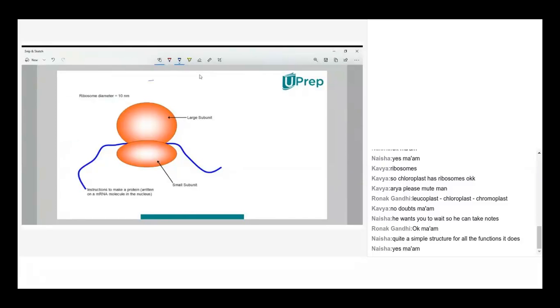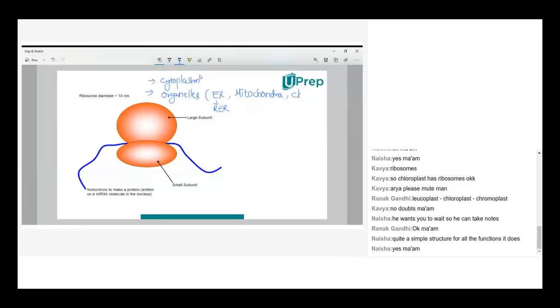When you take the position of ribosomes, they may be either in the cytoplasm or with organelles. Organelles like the endoplasmic reticulum, which we call rough endoplasmic reticulum if ribosomes are present. Then we have discussed ribosomes in mitochondria. The major function of mitochondria is cellular respiration, but other than that, protein synthesis is also a function of mitochondria.